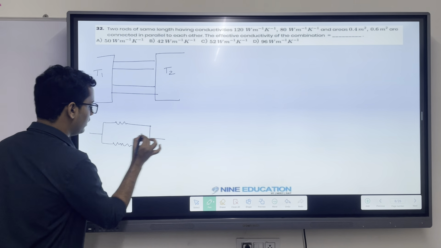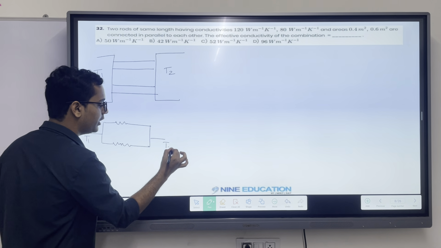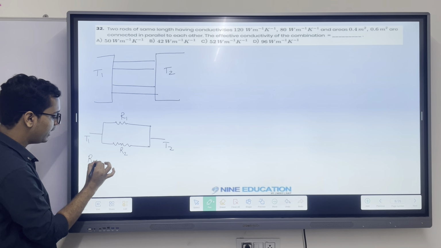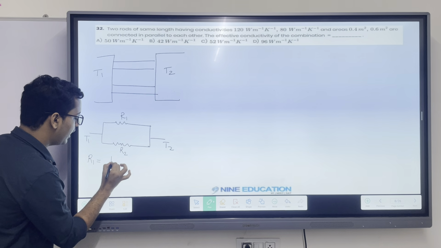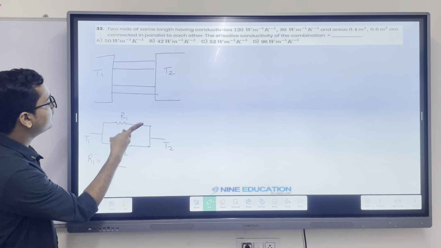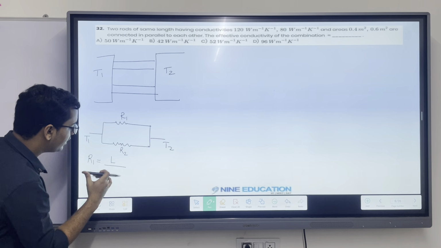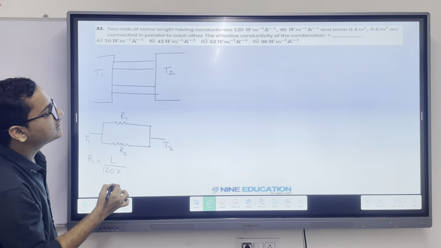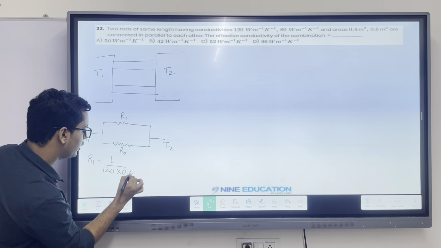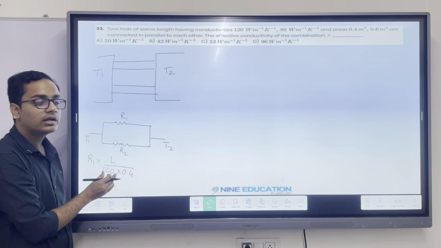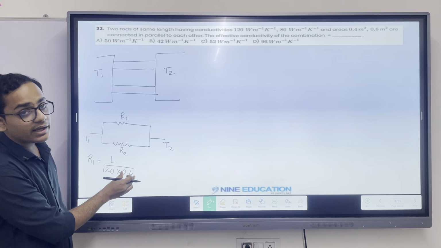Okay, temperature T1, temperature T2, resistance R1, resistance R2. I can simply write R1 is equal to L divided by KA. So let's say this has thermal conductivity 120. So this is 120. And what is the area? 0.4. L divided by K into A. Thermal conductivity is 120 and area is 0.4.